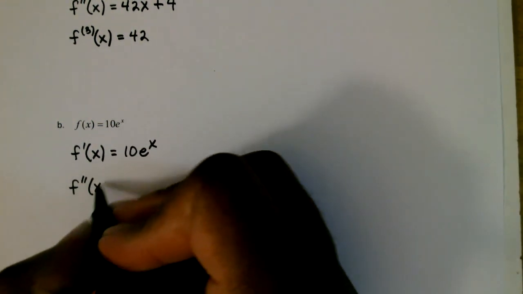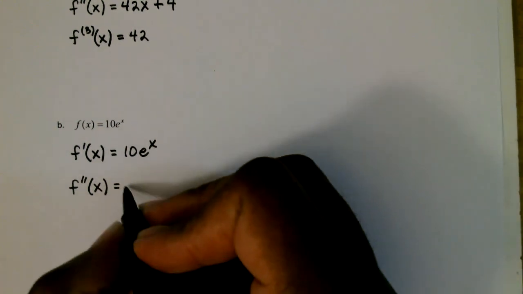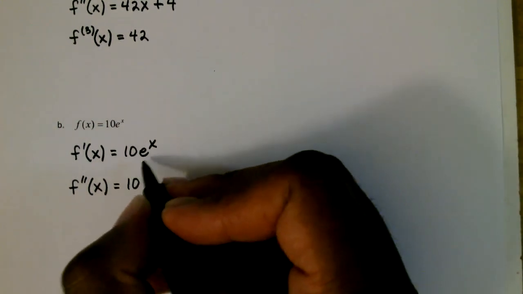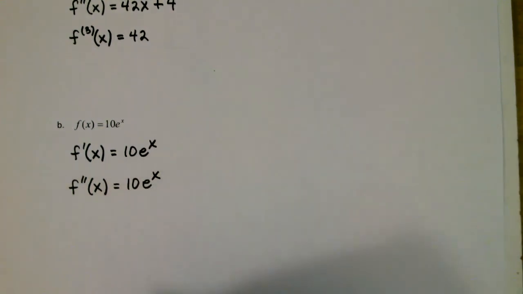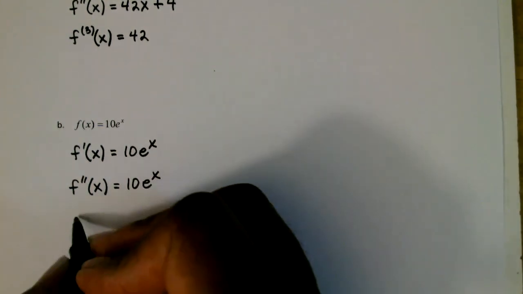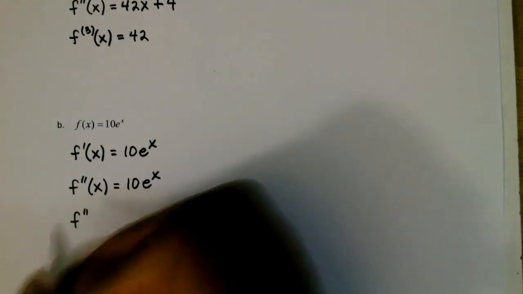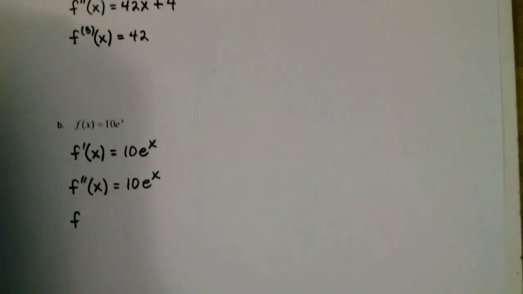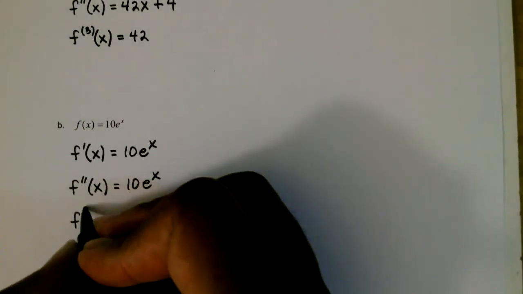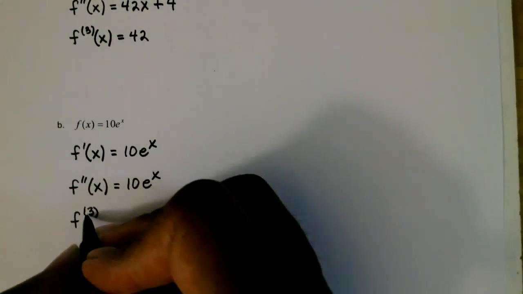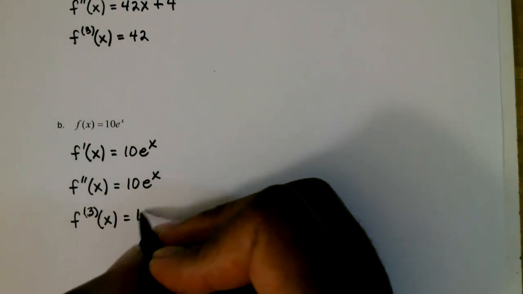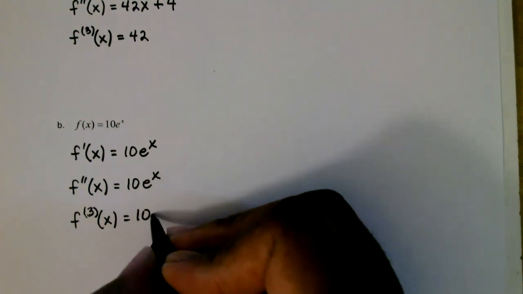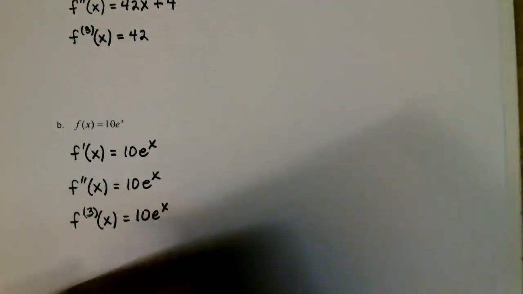Now for the second derivative, we'll bring that constant down. Guess what? The derivative of e to the x is still going to be e to the x. And then for the third derivative, bring the 10 down, the derivative of e to the x is still e to the x.